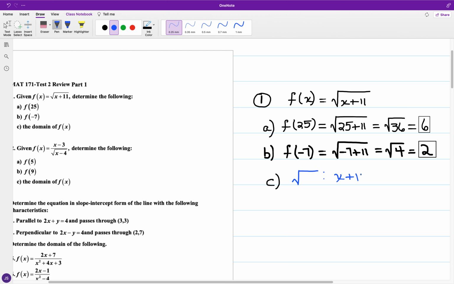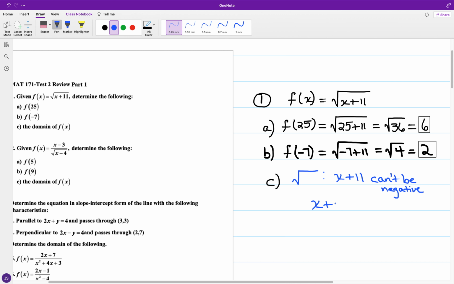Since we have a square root, and because we're dealing exclusively with the real number system, the x plus 11 cannot be negative. Now it can be 0 and it can be positive.